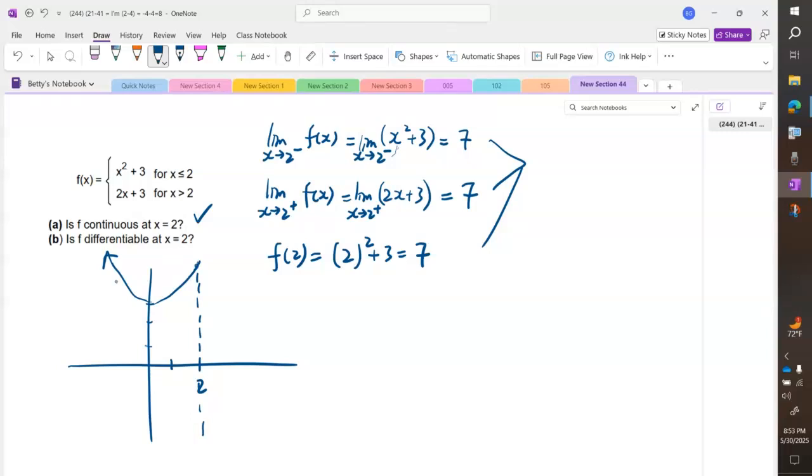So it looks like, slope is 2, passing through this one, like this, right? It's a straight line. It's not a very good graph.